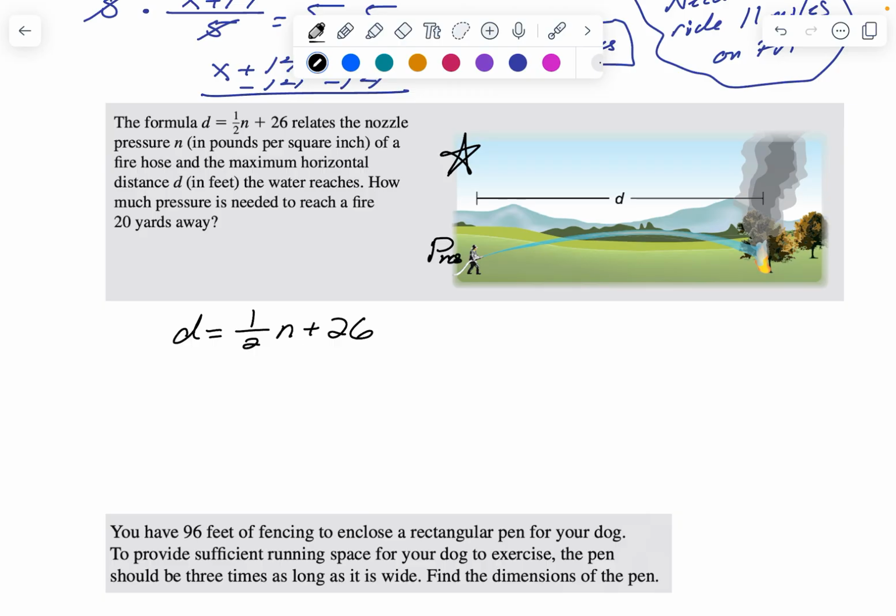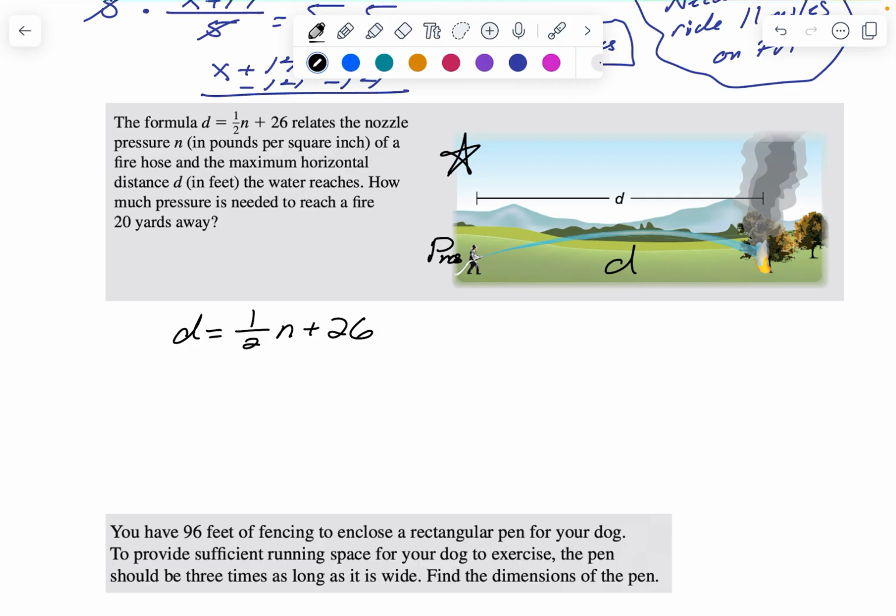How much pressure do you need to go a certain distance? If there's not much pressure in your hose, it's not going to squirt very far. But if there's a lot of pressure, it could squirt a lot farther. So this formula relates to the nozzle pressure. N is the nozzle pressure, and the horizontal distance is D.